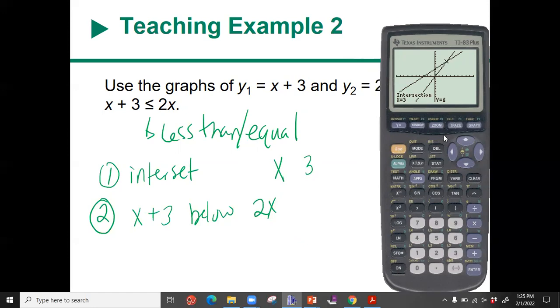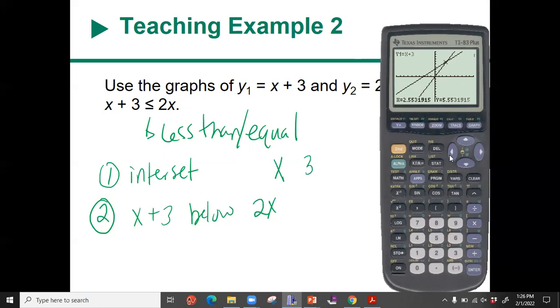Okay, so now I have it in, and it says x plus 3 is less than or equal to 2x. I'm looking for when x plus 3 is below 2x. Which line am I on? Trace.